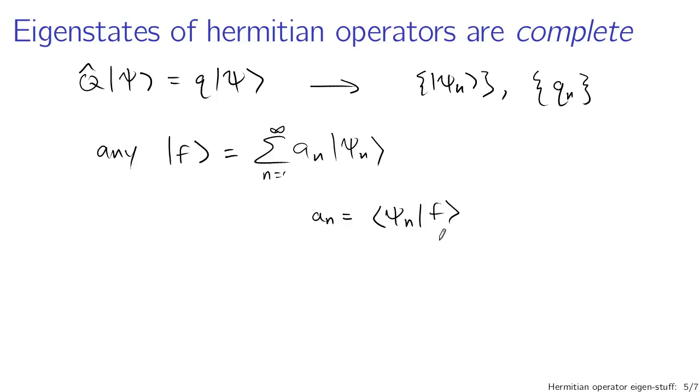One thing I did want to say before we close here is that all of what I've been stating so far are for discrete spectra. So what about continuous spectra? What if instead of getting a discrete set of eigenstates and eigenvalues, I get a continuous set of eigenstates and eigenvalues? The example I gave earlier was a consideration of the momentum operator as an eigenvalue problem.